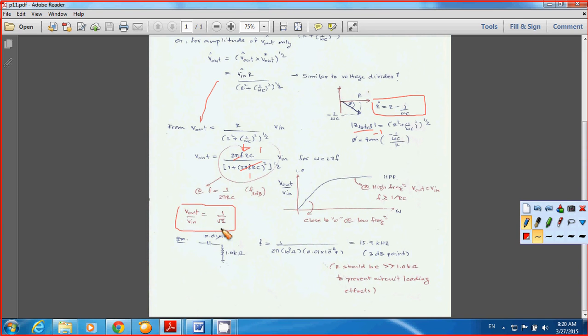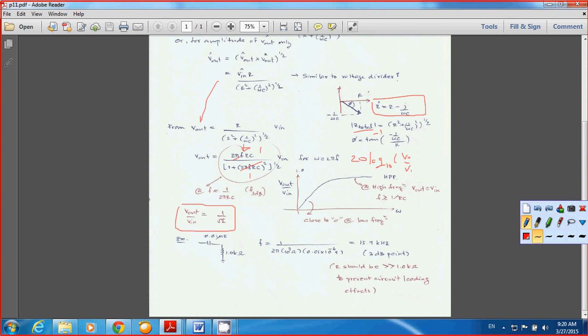This is what we call the 3 dB point. Okay, and that's defined if you plot the gain, not just the ratio of V out over V in, but you put 20 log base 10 of the ratio of V out over V in.